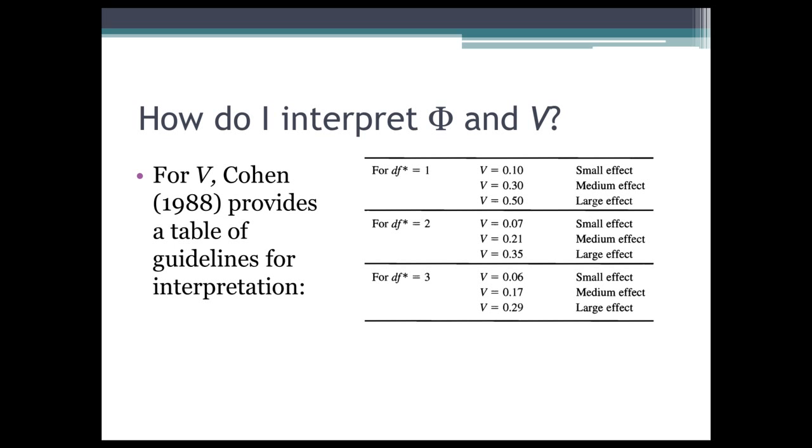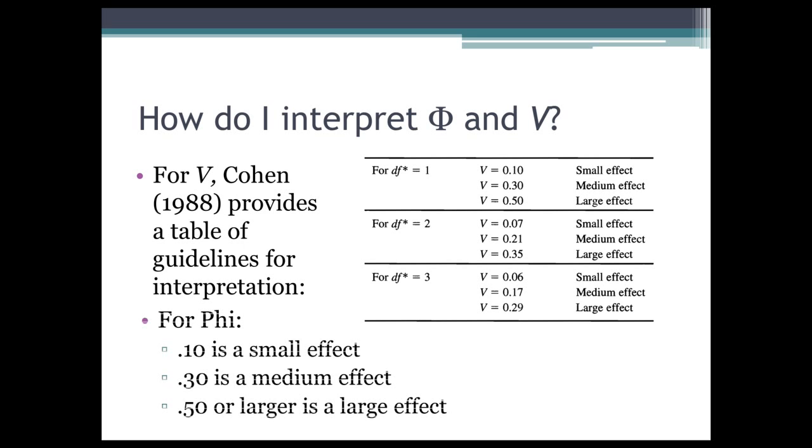For V, Cohen provides a table of guidelines for interpretation. If you have a degrees of freedom of 1 that you're inserting into that equation, a V value of 0.1 is small, 0.3 is medium, 0.5 is large, etc. For the phi coefficient, 0.1 is small, 0.3 is medium, and 0.5 or larger is a large effect.